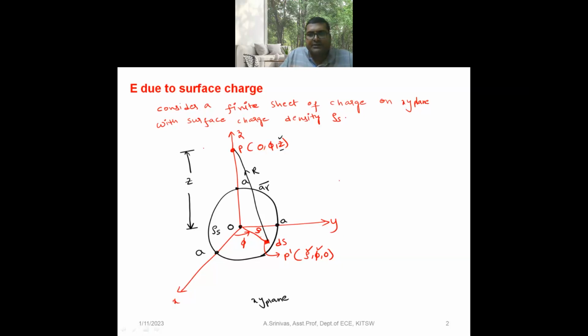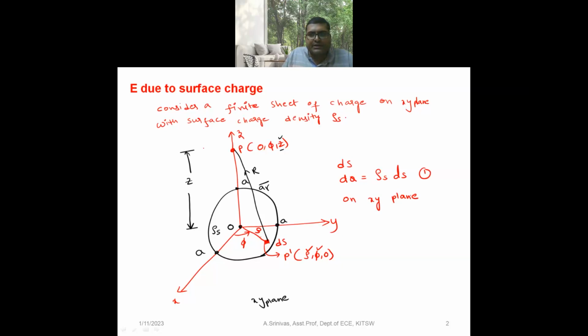The differential charge at the differential element ds. The differential charge dq at the differential element ds is rho s ds. Let it be equation number 1, and the sheet is on xy plane.